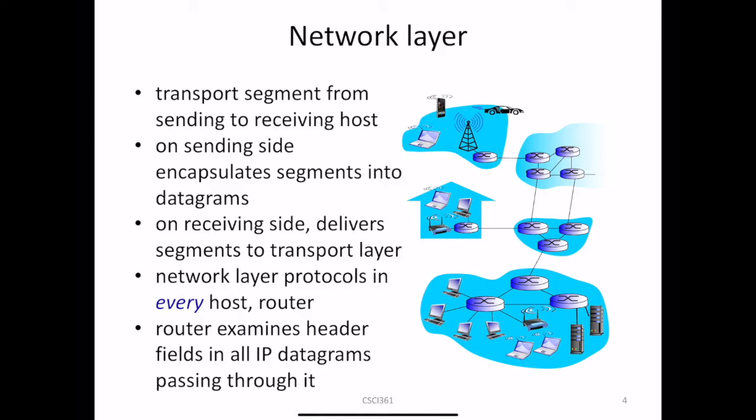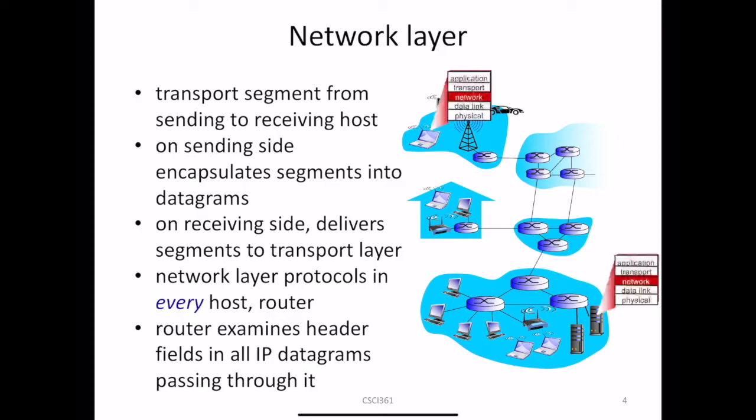The router examines header fields in all IP datagrams passing through it. That means the router will open up each datagram's header field to see the destination IP address inside there, and decide which path this datagram should take and forward it to.